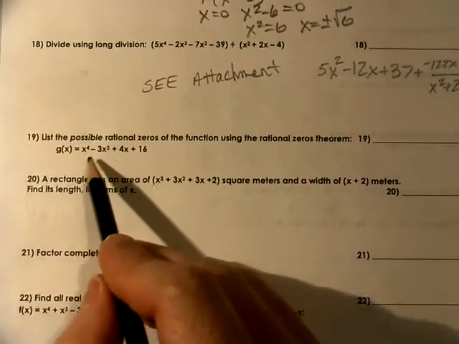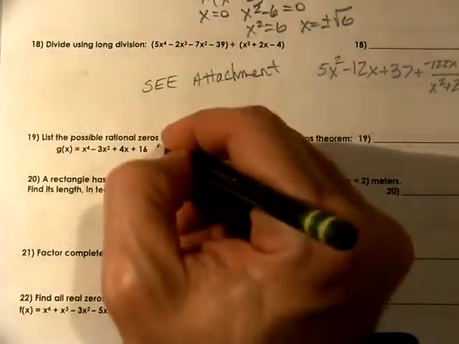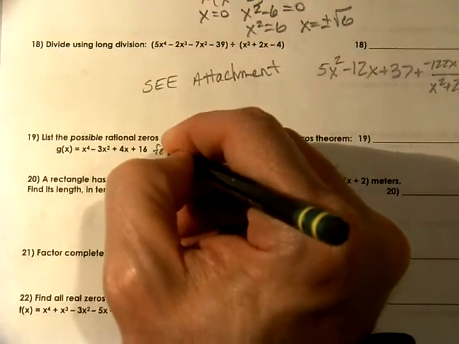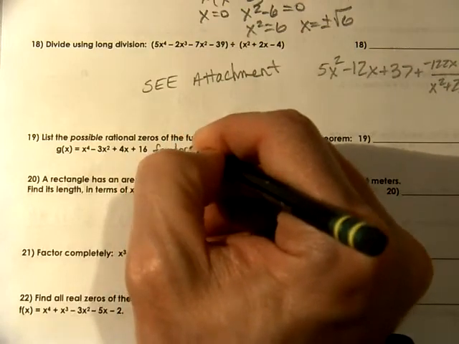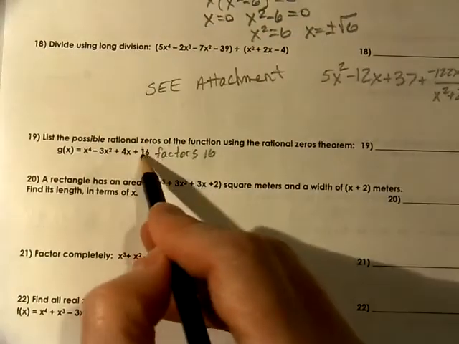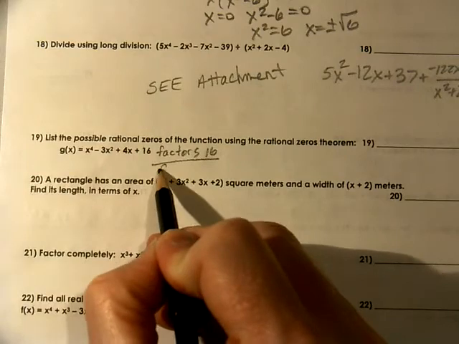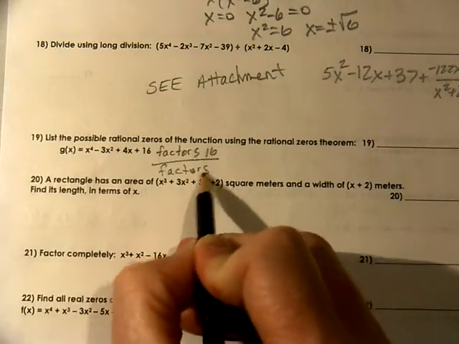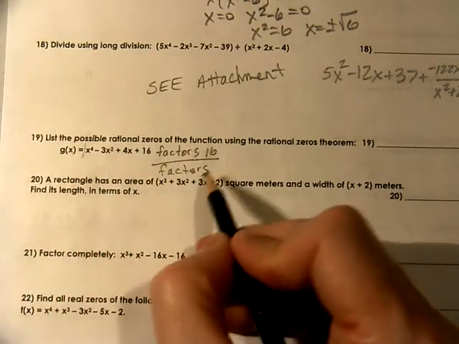Here we're going to list all the possible zeros. So what we're doing, we're looking for the factors of the constant divided by the factors of the leading coefficient.